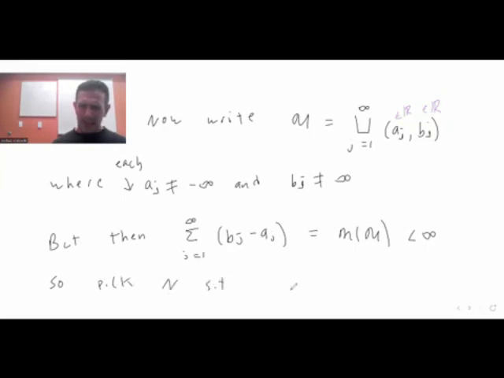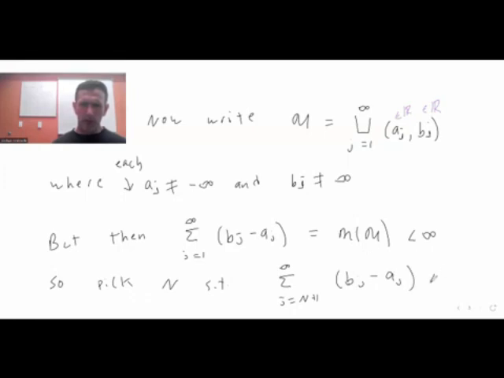So I need to pick N where this sum, n plus 1 to infinity. So the tail of a convergent sum always converges to 0 as we go further in a tail.